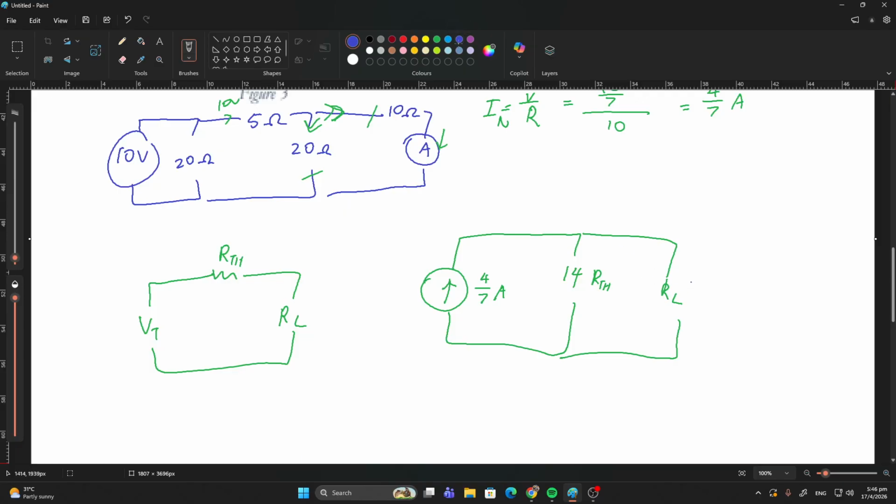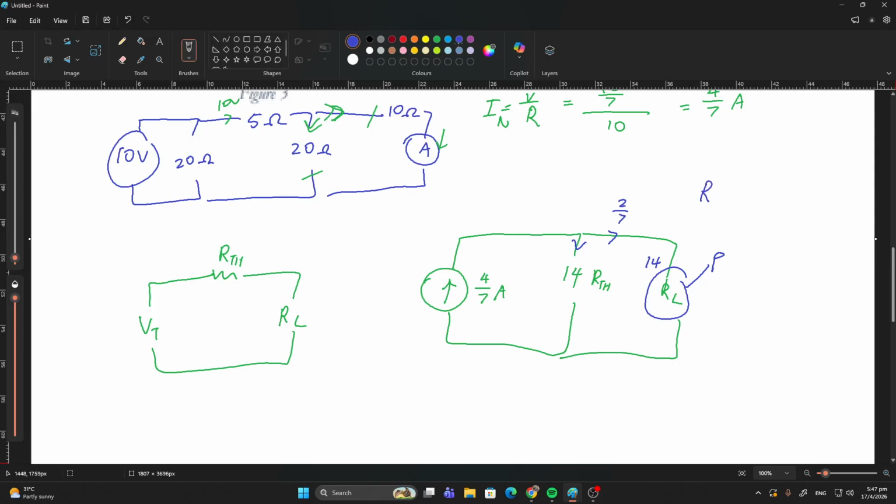Same principle. I want to find maximum power, essentially just the power of this resistor over here. Because the current will split, and since both of them are equal, in order to get the maximum power, I know that the current flowing into this, I just take it as divided by 2, equals 2 over 7.